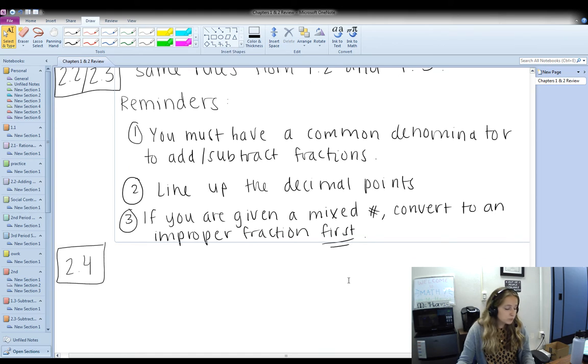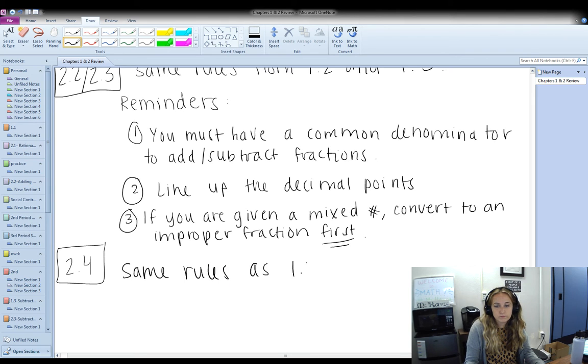Then finally, 2.4, multiplying and dividing rational numbers. That is going to be the same rules as 1.4 and 1.5. Just a reminder, what those rules are: if you're multiplying or dividing two numbers with the same sign, your answer is always going to be positive.